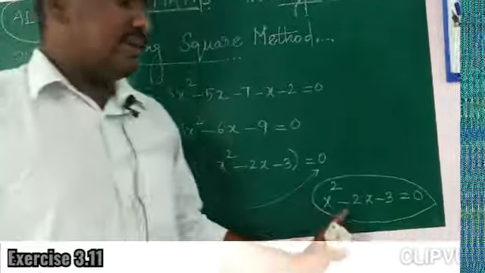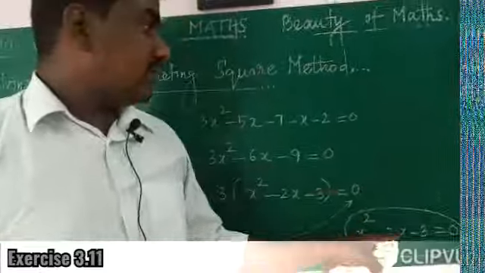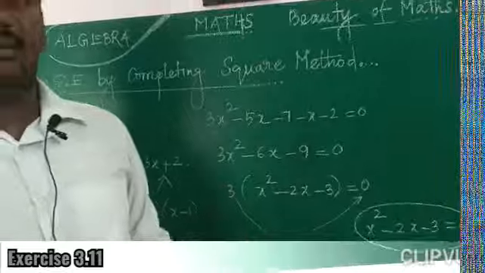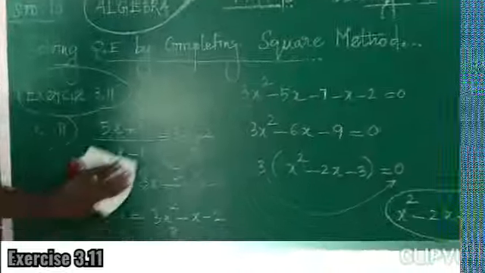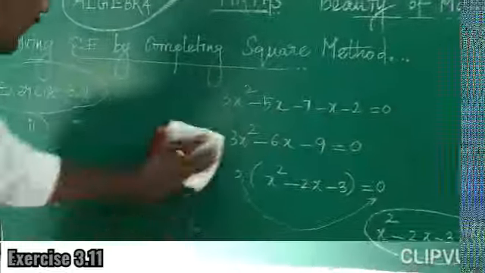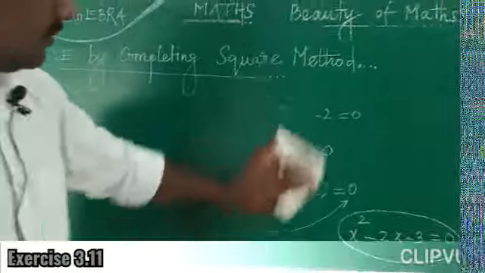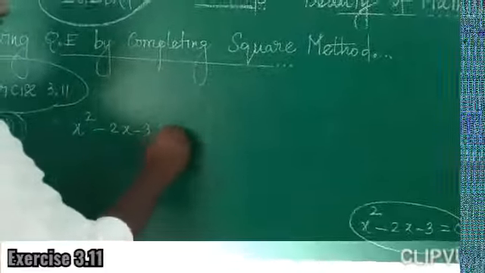Now we are going to find the roots of this quadratic equation by the completing square method. x square minus 2x minus 3 is equal to 0.